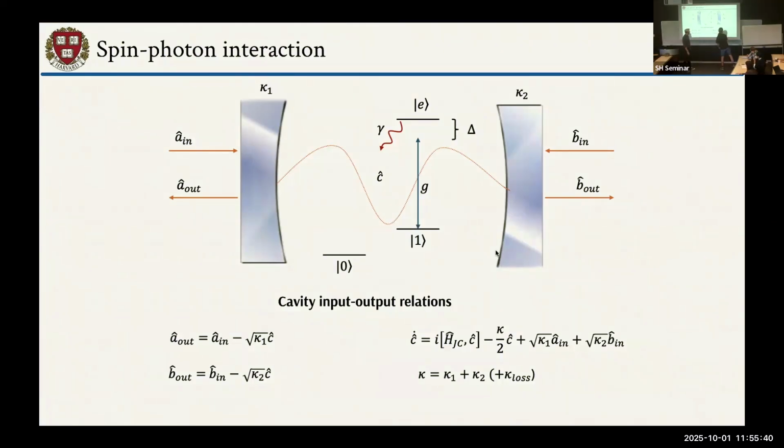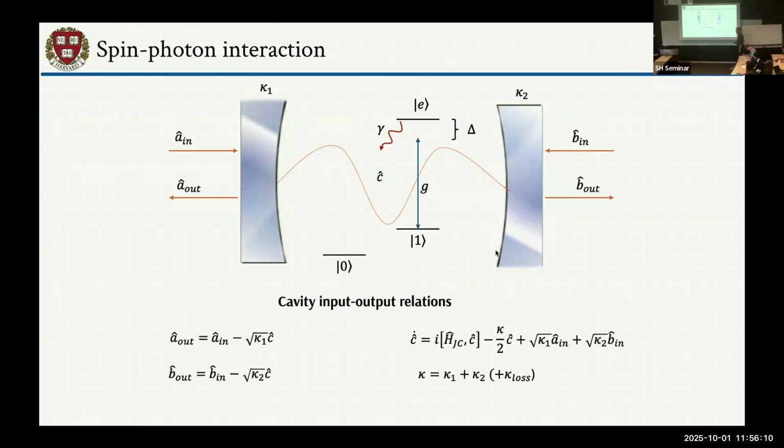It's like that term, that minus i g star. Yes, and then the rest is the same. Exactly. So I'm just going to add the terms here. We're going to put C dot equal to this, and then exactly the same thing: kappa half C, kappa 1 A in, kappa 2 B in.